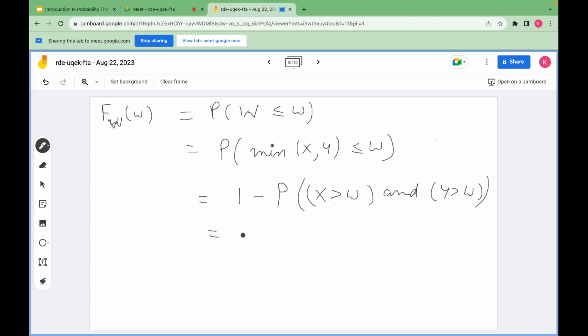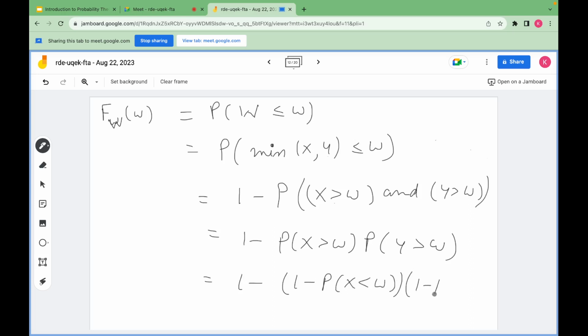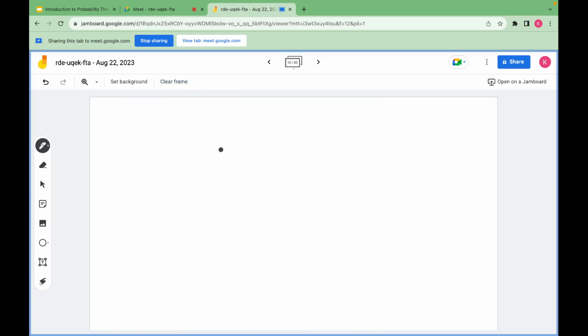So now this is 1 minus the probability x is greater than w and y is greater than w, as these are independent events. This is 1 minus the probability that x is less than or equal to w, and 1 minus the probability that y is less than or equal to w. So these can be written as 1 minus Fx(w), 1 minus Fy(w).